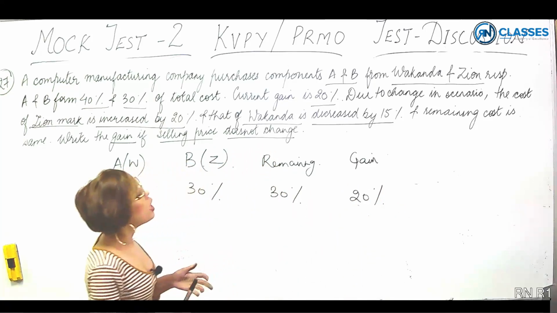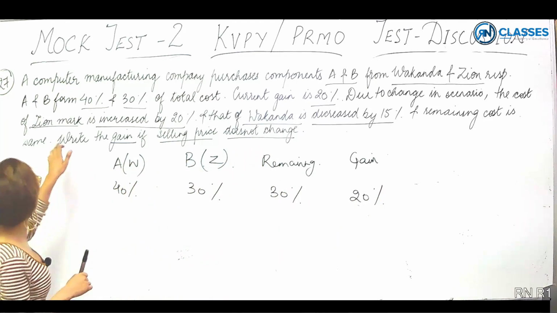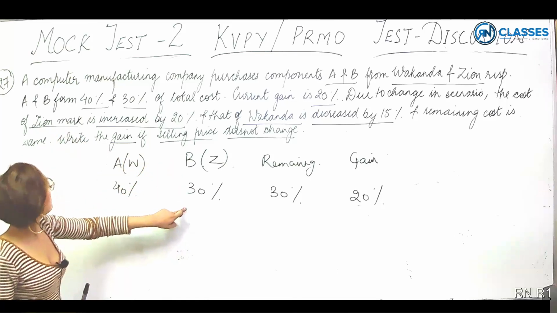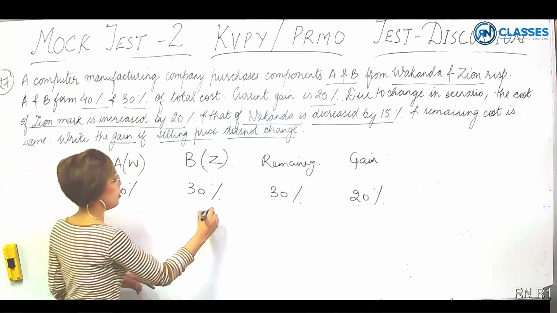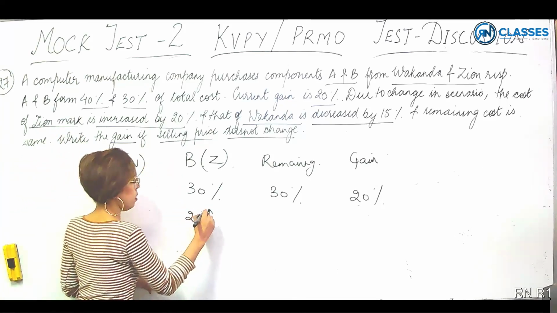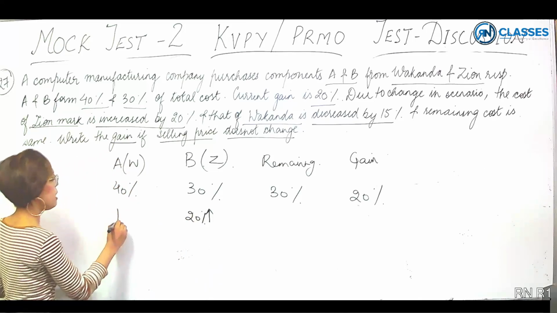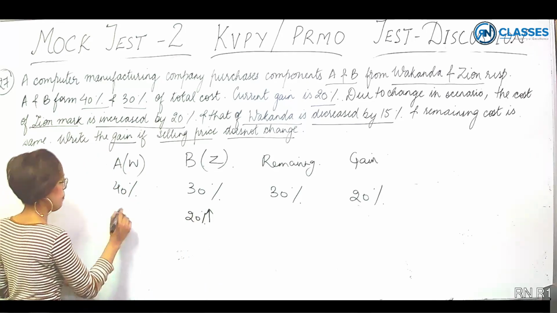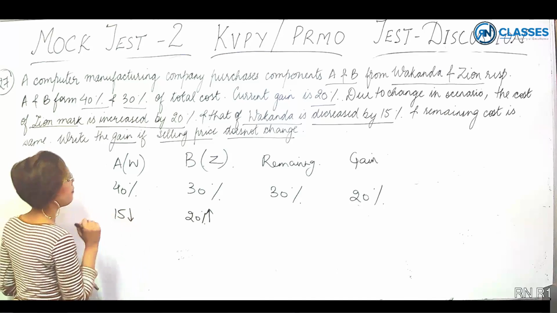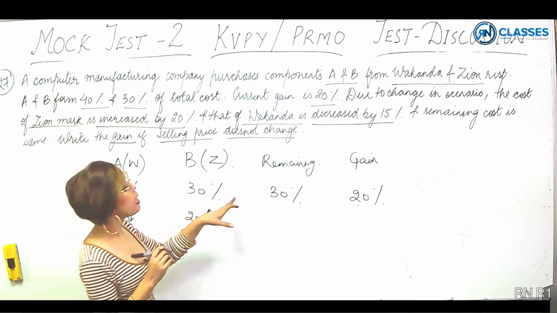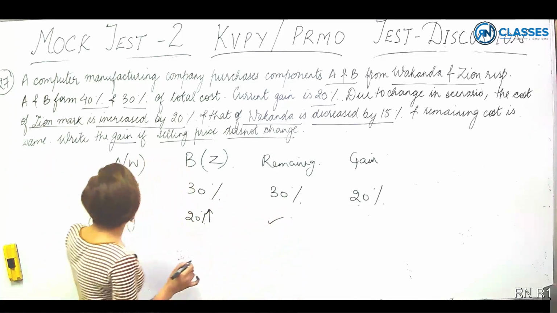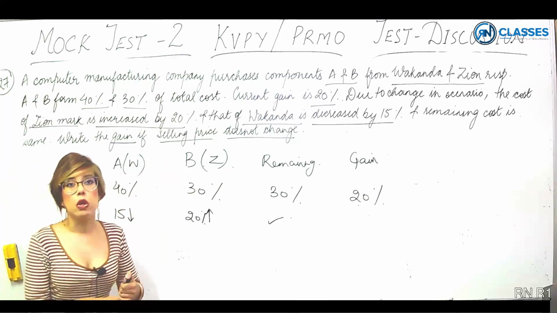Due to change in scenario, the cost of Zion, as in this one, is increased by 20%. And this is decreased by 15%. And the remaining cost remains the same. Now, write the gain if the selling price does not change.